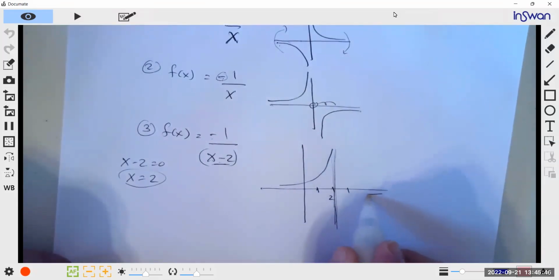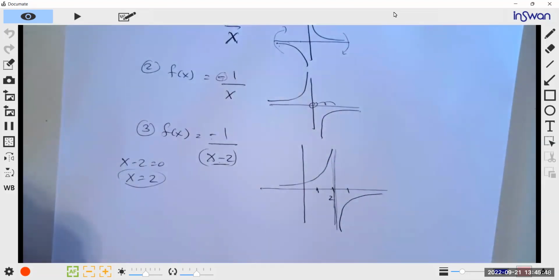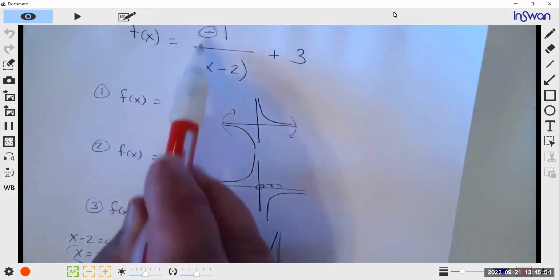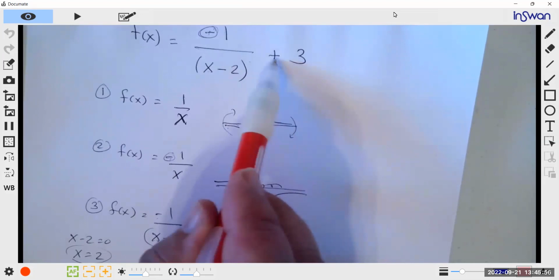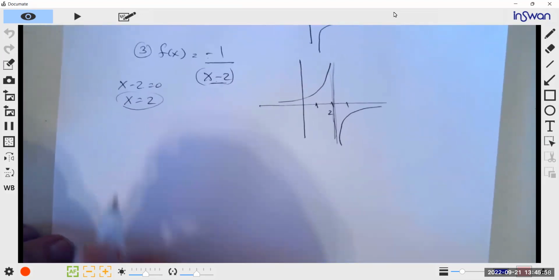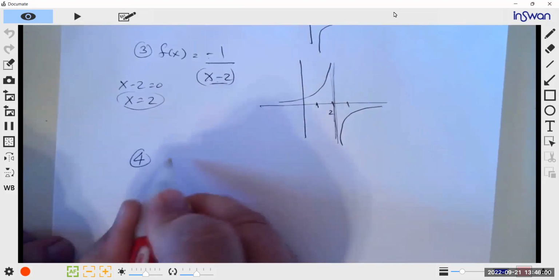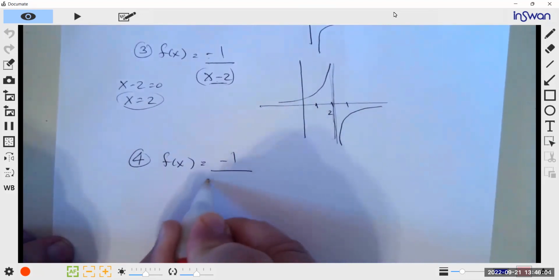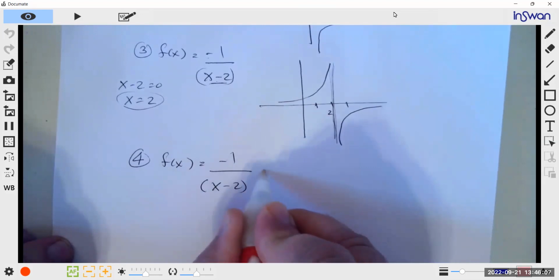The graph remains the same, but it's shifted to the right 2 spaces. So we did the -1, we just have this +3 now to do. -1 over x minus 2 plus 3.